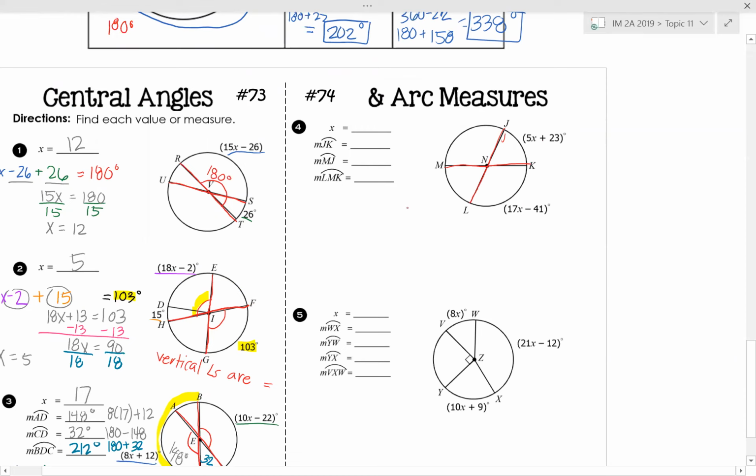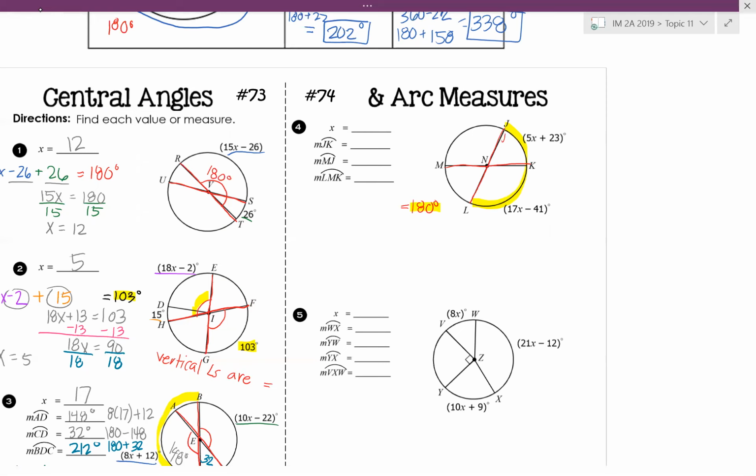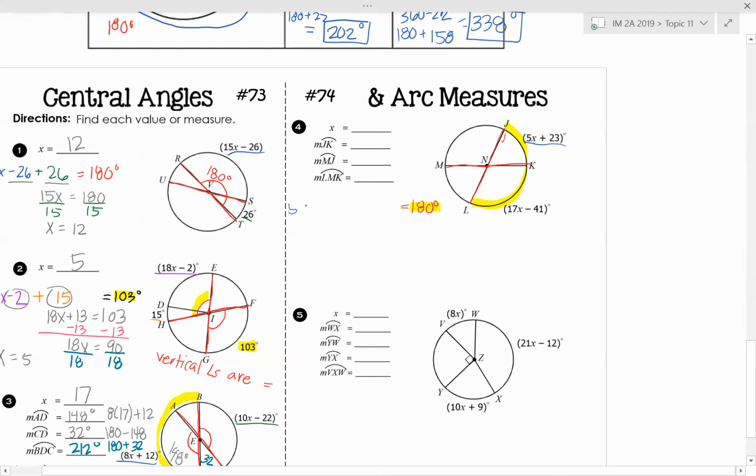So I'm going to add these two pieces together and set it equal to 180, because I know that this whole arc is 180 degrees, and I know the two pieces of the arc are those expressions. So I'm going to take 5x plus 23 and add that to 17x minus 41.